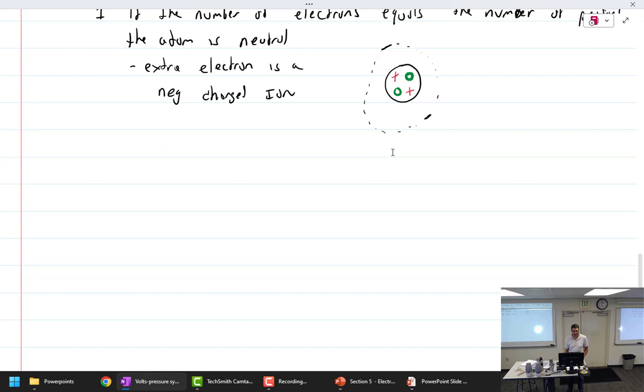If it has an extra proton, which is another way of saying it's deficient of electrons, that is a positively charged ion.